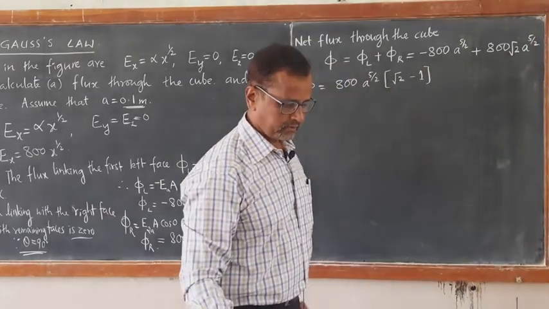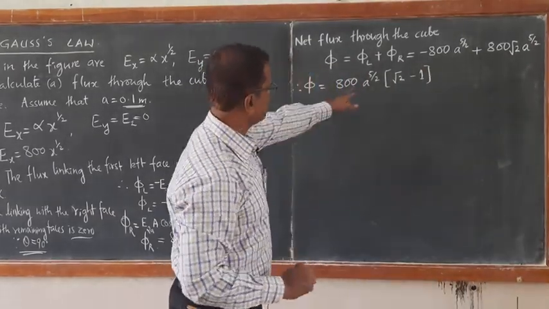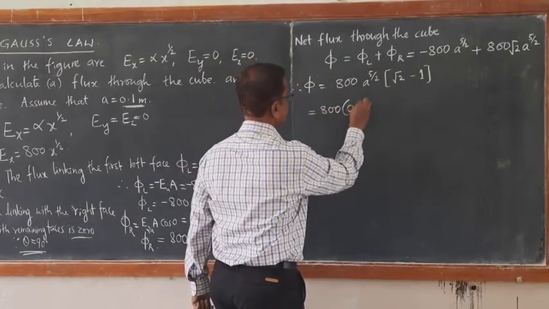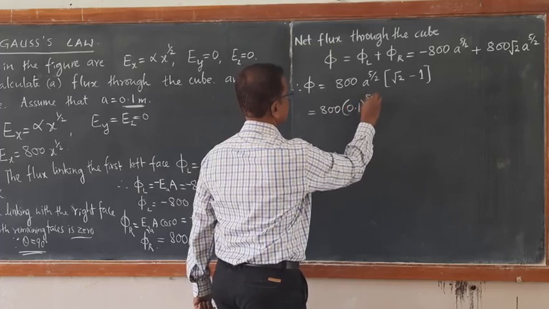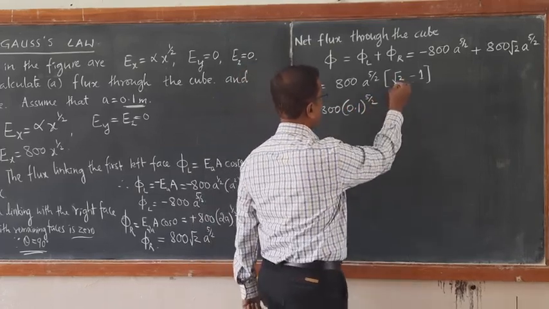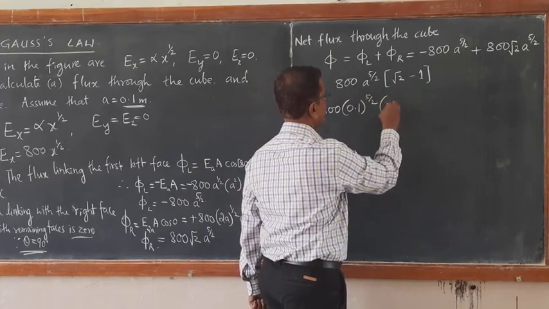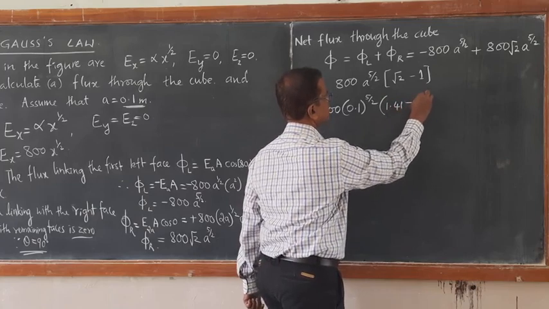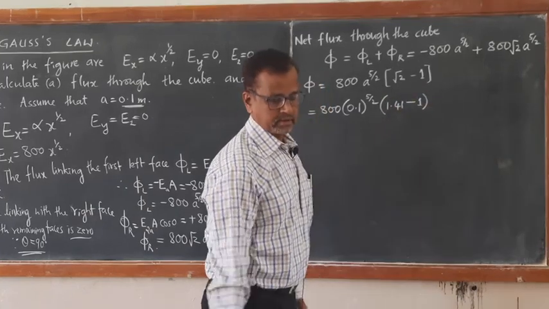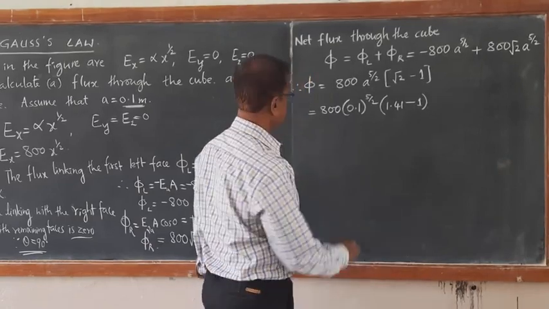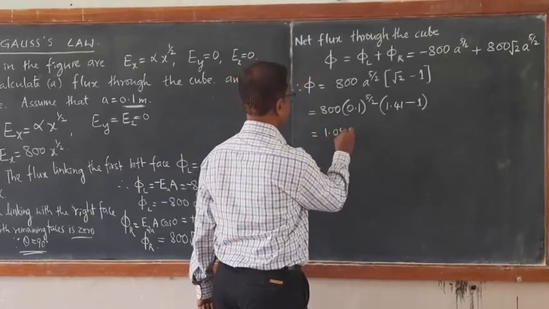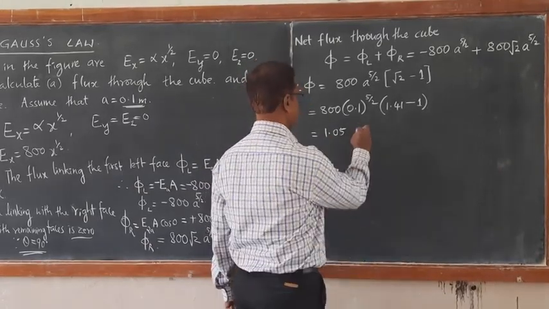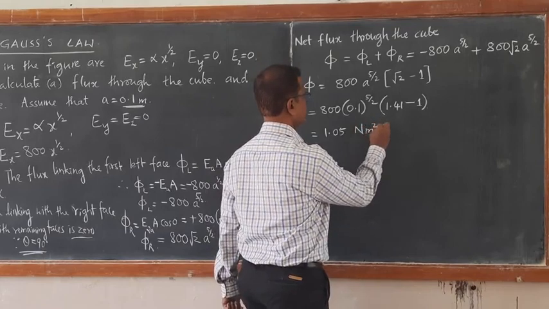Now you have to substitute the value A equal to 0.1. So it becomes 800 into 0.1 raised to 5 by 2 into 1.414 minus 1, which is 0.41. If you simplify this, it comes out to be 1.05 newton meter square per coulomb.